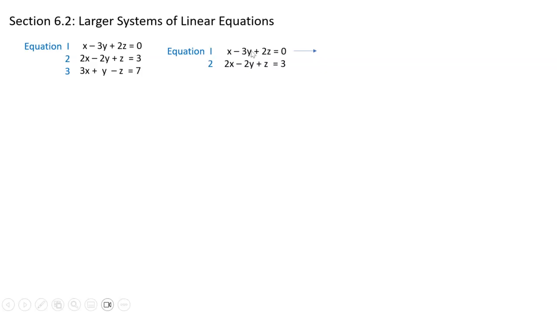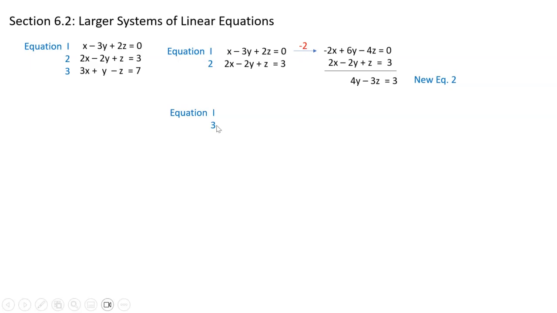which means I need to eliminate the x's in equations 1 and 2. So I'm going to multiply -2 times equation 1. If I multiply -2 times every term, it will give us -2x plus 6y minus 4z equals 0. Equation 2, we'll just bring it over. You see, guys, the x's were eliminated. So this is my new equation 2. Now I repeat the process, but with 1 and 3.